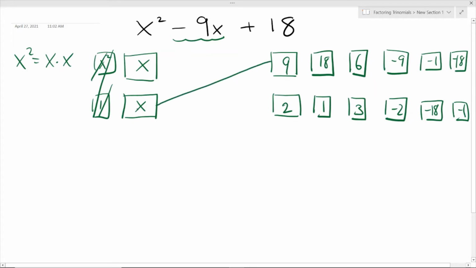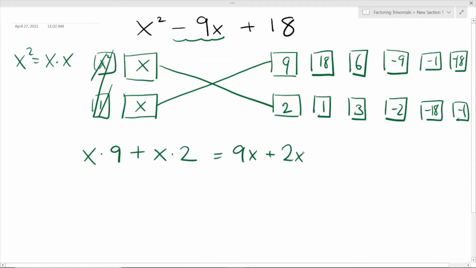So we have here x times 9, and we cross this over, we have here x times 2, and we add them together. So x times 9 plus x times 2 is the same as 9x plus 2x, and that gives us 11x.